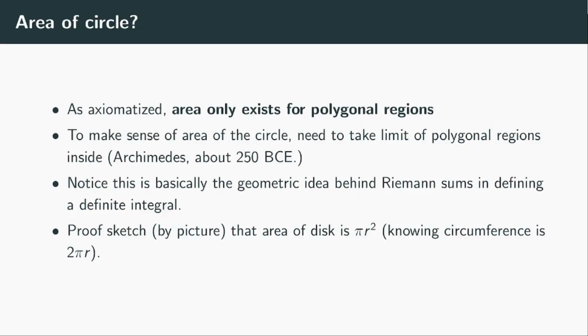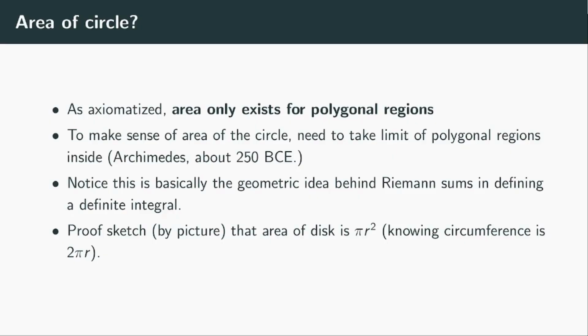If you think about this a little bit, it's basically the same idea as Riemann sums that you use in defining a definite integral. It is exactly on the nose the same construction as when you integrate in polar coordinates, if you remember back to Cal 2 when you did polar integrals.